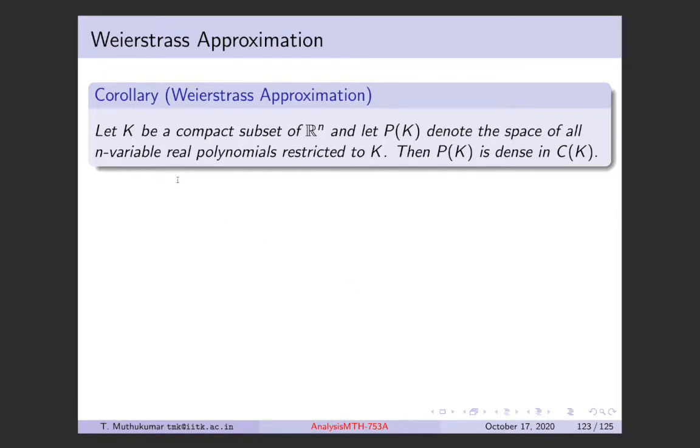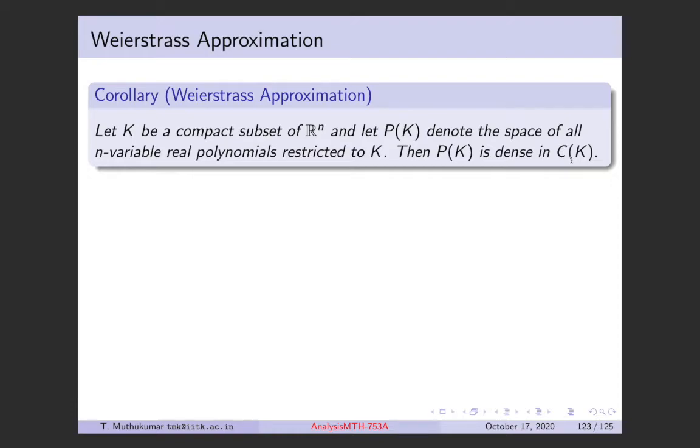So if you have a compact subset K of the Euclidean space R^n, and if P_K denotes the space of all n variable real polynomials restricted to the compact set K, then this class of all polynomials on K is dense in the class of all continuous functions, C(K). That is, every continuous function can be approximated. This is much more general.